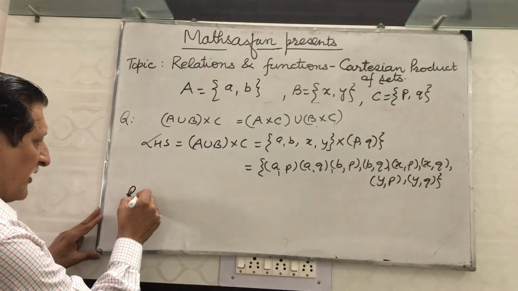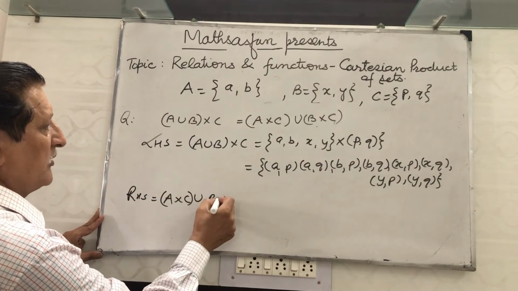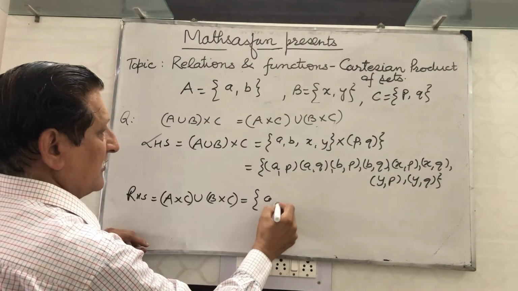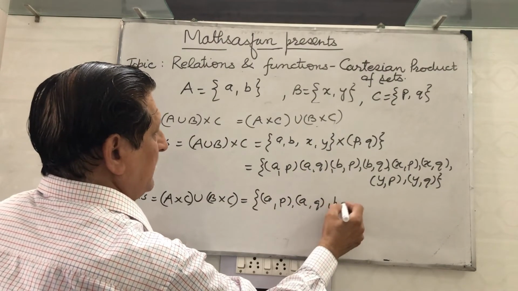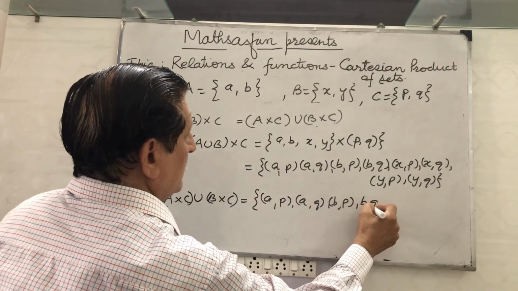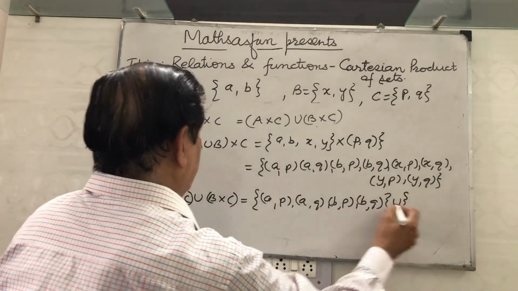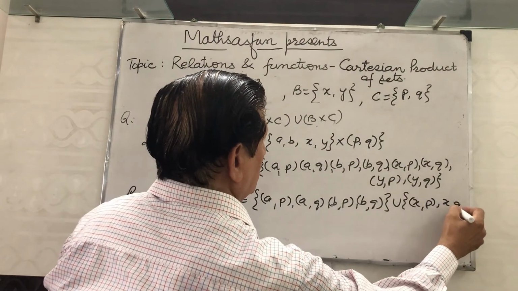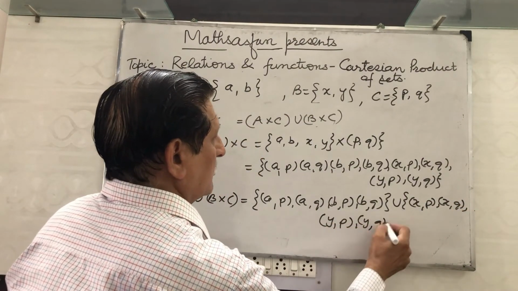This is the set we are getting from the left hand side. Now if we go for right hand side, that is (A cross C) union (B cross C). What we find A cross C? That is AP, AQ, BP, BQ. And then we have union with B cross C. B cross C we know is XP, XQ, YP, YQ.